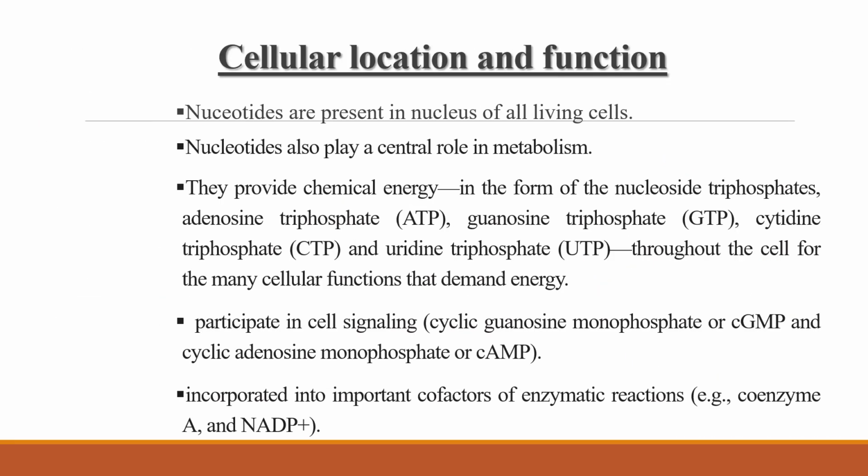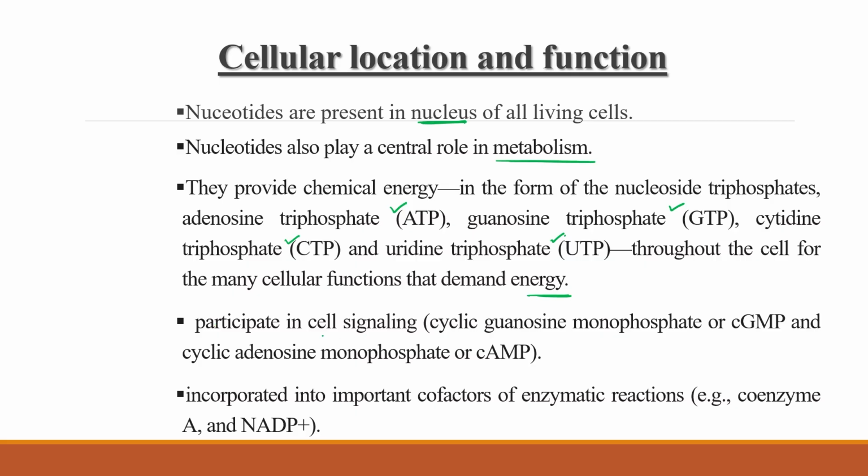Now, cellular location and function. Nucleotides are present in the nucleus of all living cells. These play a central role in metabolism, right? They provide energy in the form of ATP, in the form of GTP, cytidine triphosphate as CTP, UTP, like this. So they also provide energy.